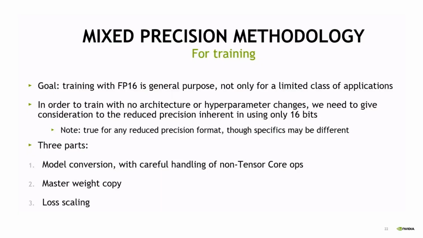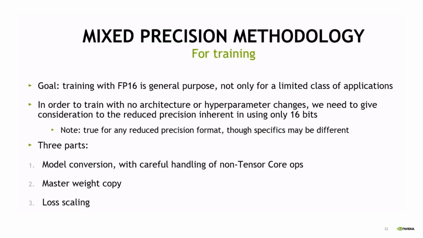Okay, the mixed precision methodology for training. The goal is training with FP16 for general purpose, not only for a limited class of applications, but for all classes of applications.